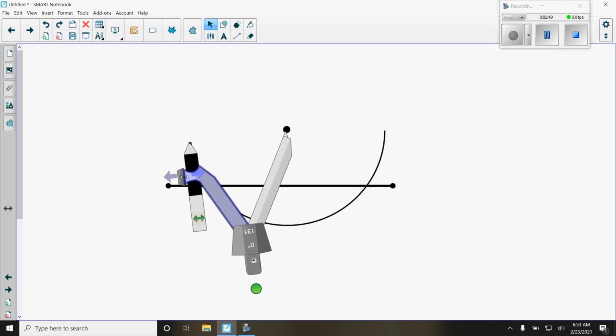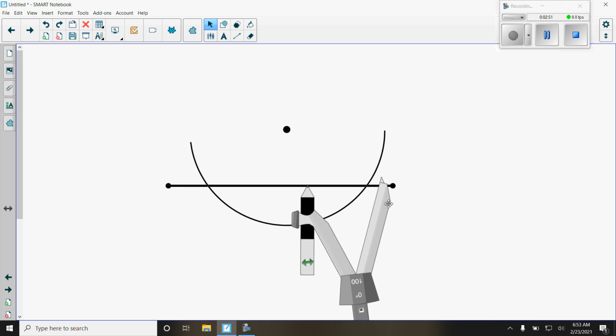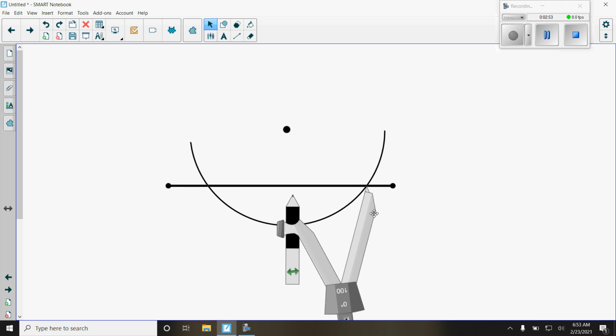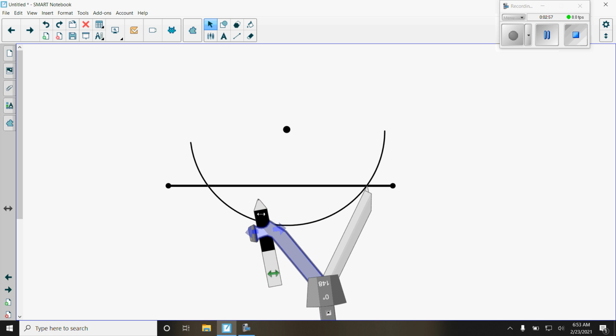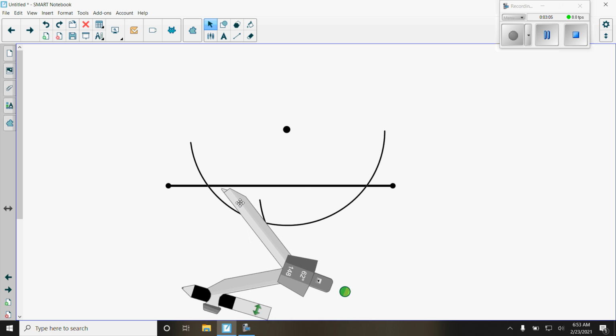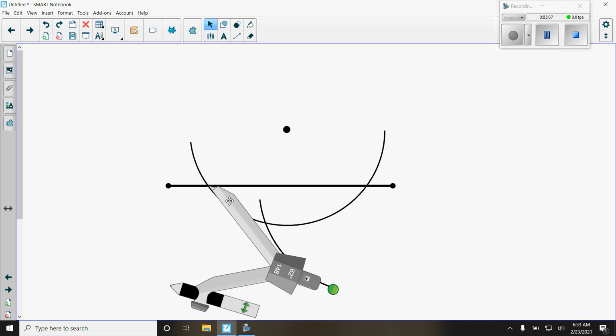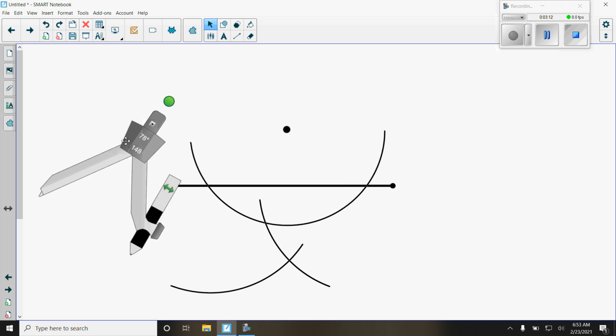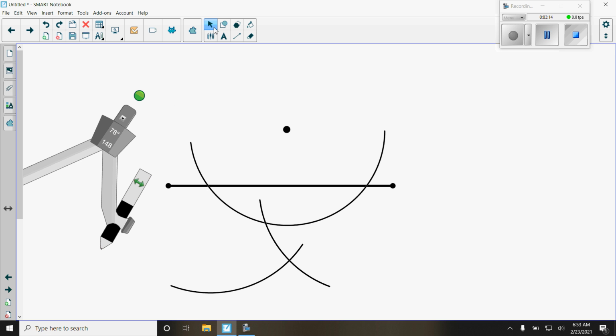Now I may need to make this a touch smaller for the next step, but I really need to make it about over halfway at least. Notice I put my point on this first intersection point, and I'm going to draw an arc. I'm going to come over here, put the point on the other intersection point, draw the arc. Okay, see how they intersect right there.